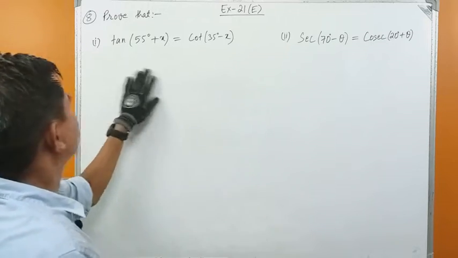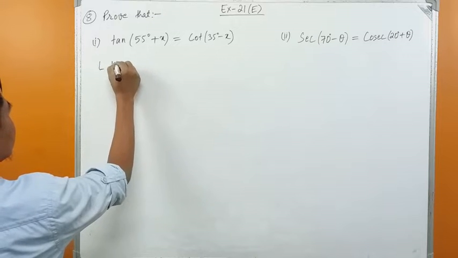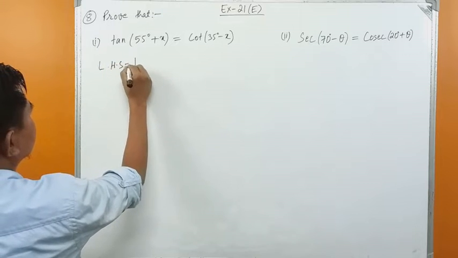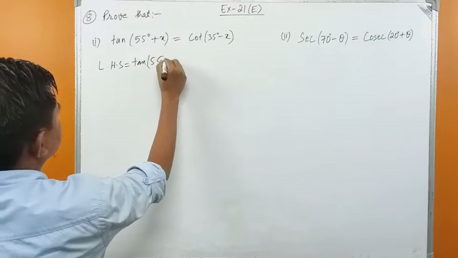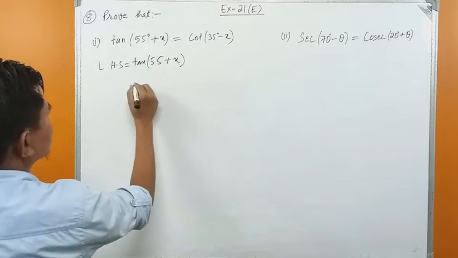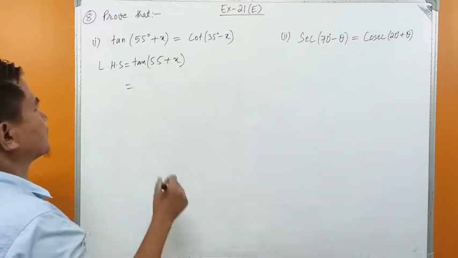I hope you got this. Now let us do this question. In the left hand side we have tan (55 plus x). We are asked to prove this equals cot (35 minus x), isn't it?